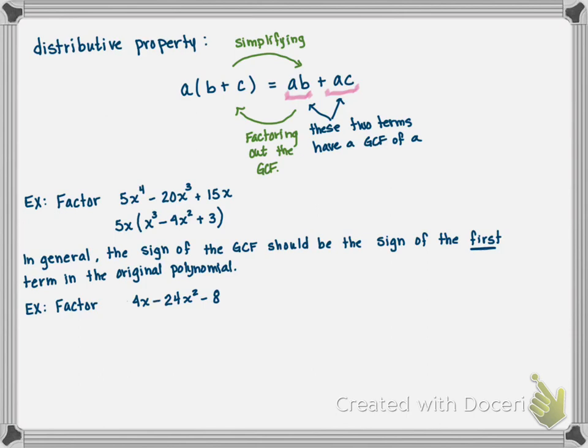There we go. If we think of first in the sense of whatever we see first, then the first term would depend on how I write this polynomial, right? In this case, the first term would be 4x, but if I were to write it in a different order, then the first term could be 8 or it could be 24x squared. And so we have to think a little bit about what order we're going to put things in.